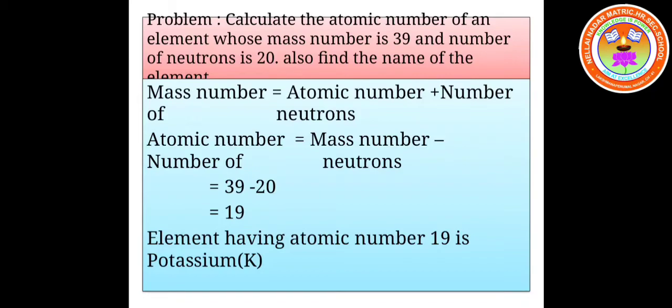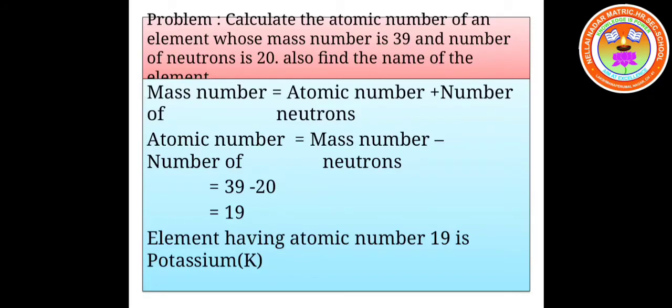Problem to calculate the atomic number of an element when mass number and the number of neutrons in an element are known. Let me read out the problem. Calculate the atomic number of an element whose mass number is 39 and number of neutrons is 20. Also find the name of the element. Okay children, so mass number is given as 39 and the number of neutrons is given as 20.